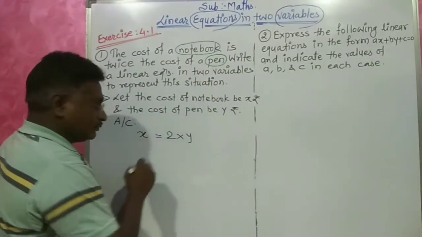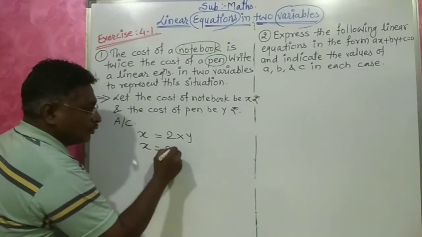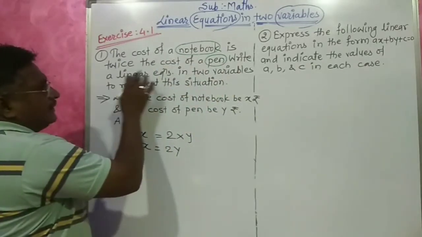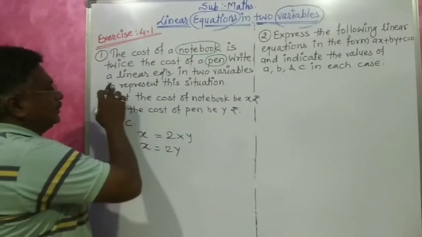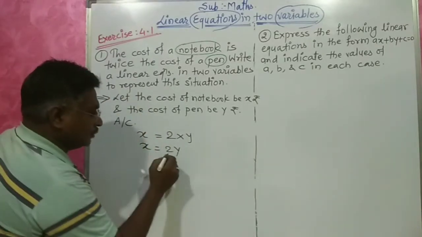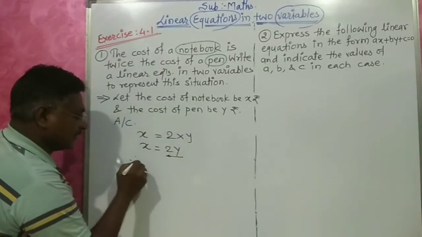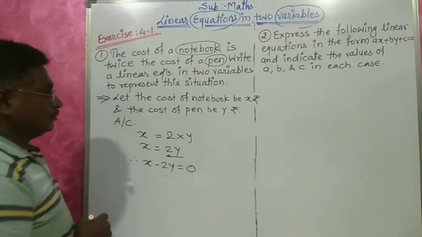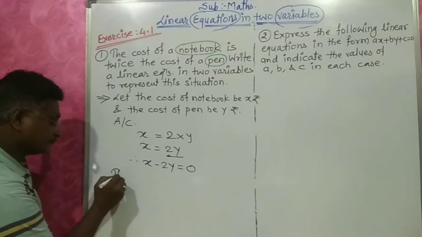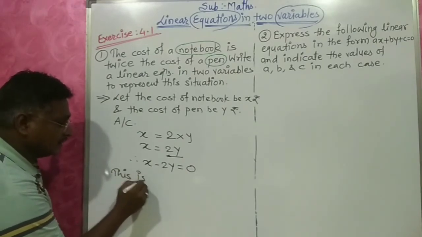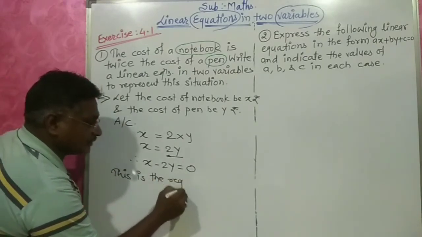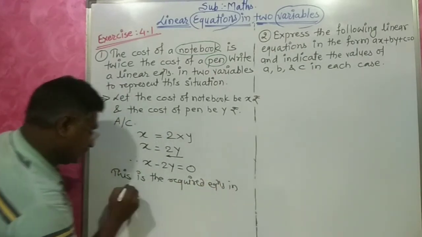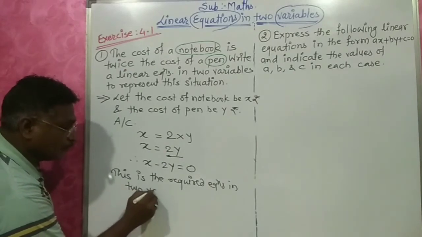Y. Means what we will get? x = 2y. Write a linear equation in two variables to represent this situation. So transfer this. What we will get? x - 2y = 0. This is the required equation in two variables.